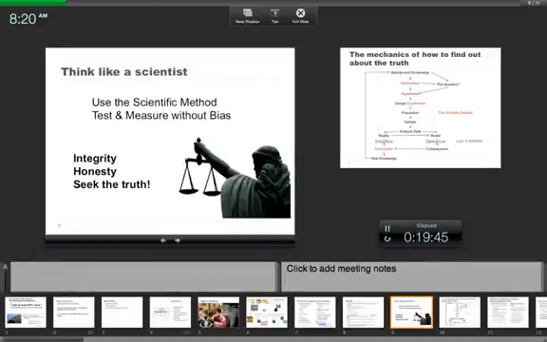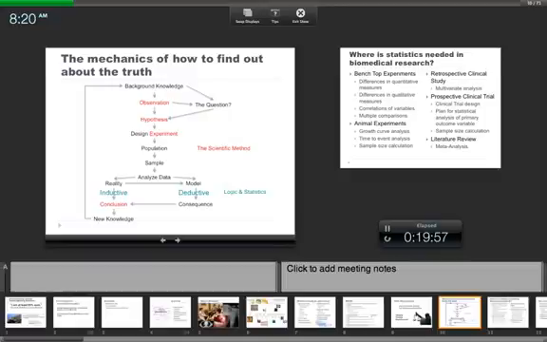So the person that is doing all this must have integrity, honesty, and the commitment to seek the truth. So this is my personal algorithm for the mechanics of how to find out about the truth.